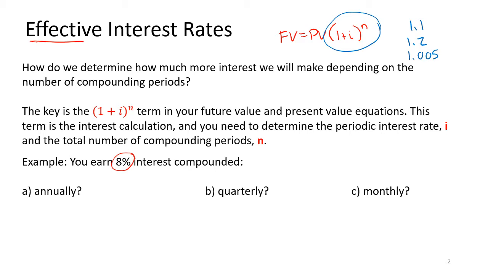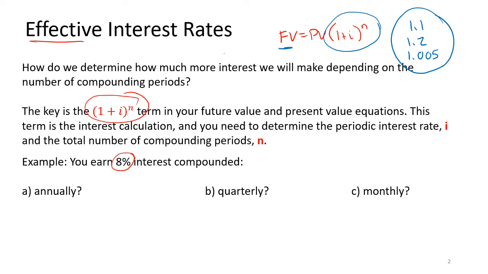Since it's greater than 1, the higher this multiplier is, the more your money is going to be worth in the future, because that means the more interest you're earning in that period of time. So that's the piece of the equation that we need to look at when looking at effective interest rates.